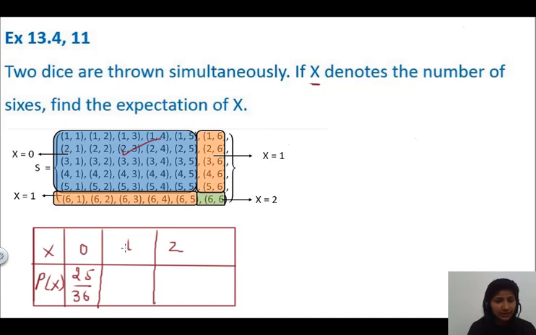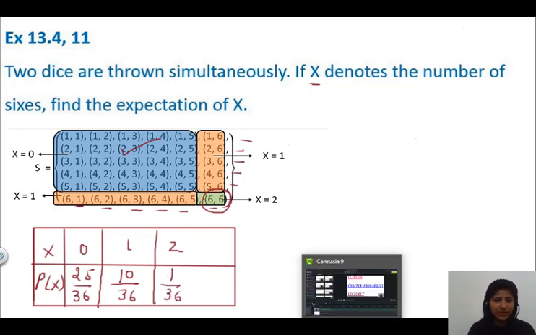When there is one 6, you see 1, 2, 3, 4, 5, 6, 7, 8, 9, 10. There are 10 outcomes favorable to us out of 36. When x is 2, that means on both the dice we're getting 6. 6 on both of them, right? So there is only one outcome favorable to us out of 36. So this is our probability distribution table.